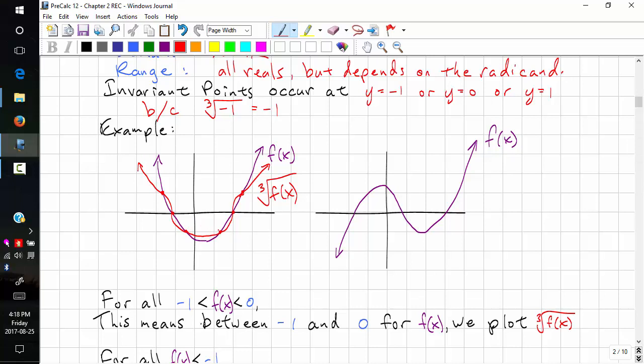Okay, let's take a look at this cube function. Again, we still want to plot -1, 0, and 1. We'll do the part of the curve that's above the x-axis. We go above, below, above, above, and below.